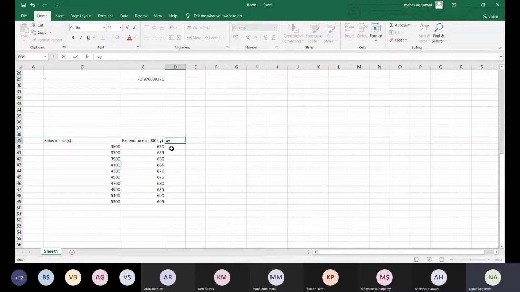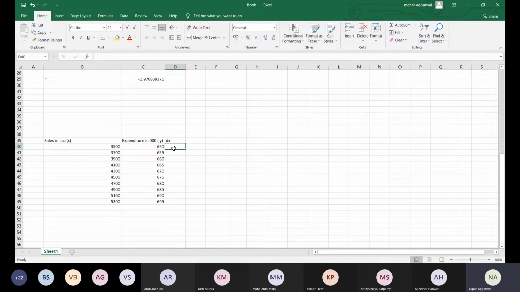In Excel, we can simply multiply these cells, but we don't have Excel available in our examination. So we have to do the manual calculation of 3,500 into 650, which is a problem for me to solve manually. So again, we can use the assumed mean method. First we'll calculate dx.